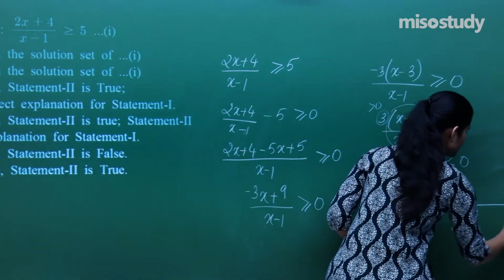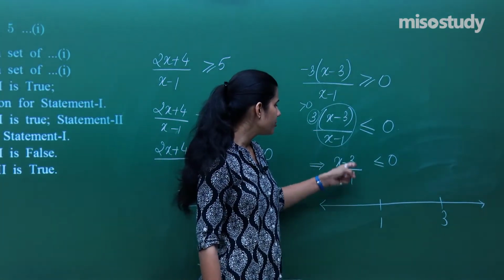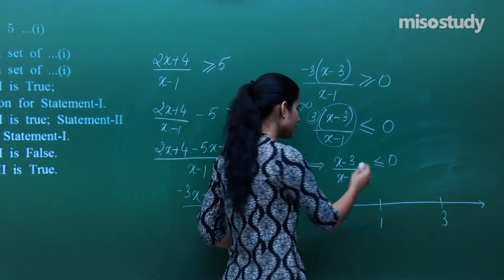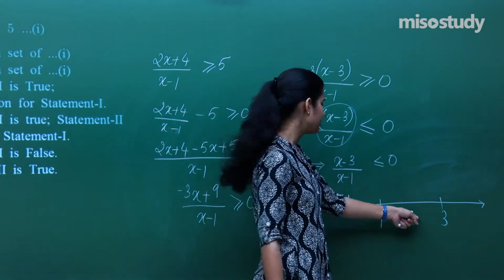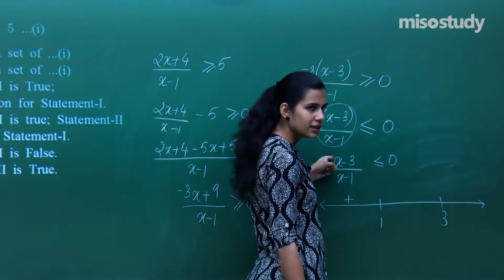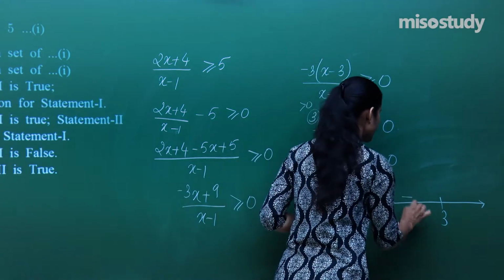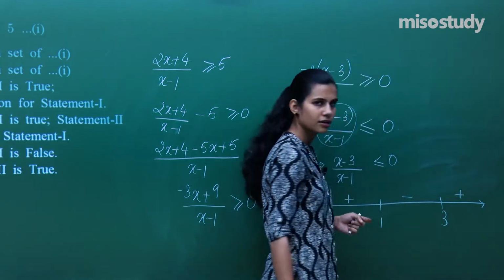This is 1, this is 3. If you plug in anything less than 1, you get negative in the numerator, negative in the denominator, which makes it positive. If you plug in anything strictly between 1 and 3, you get positive in the denominator and negative in the numerator. Negative upon positive gives you negative. Anything greater than 3 is obviously going to give you positive again.